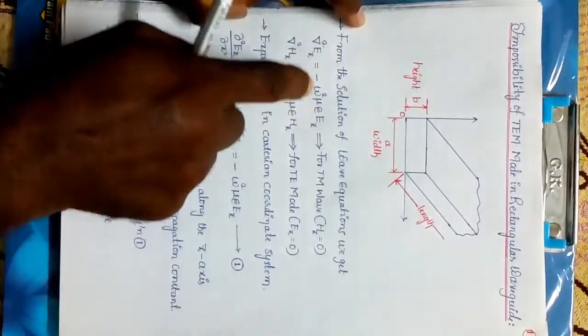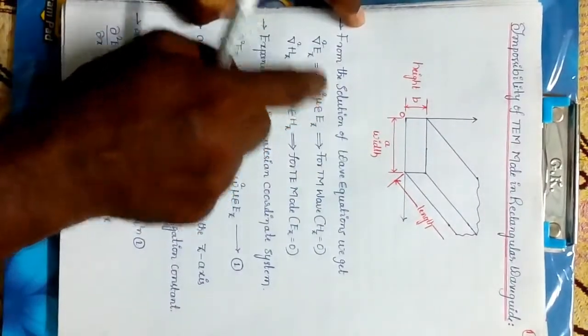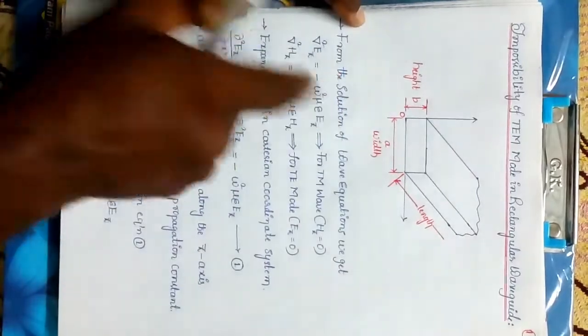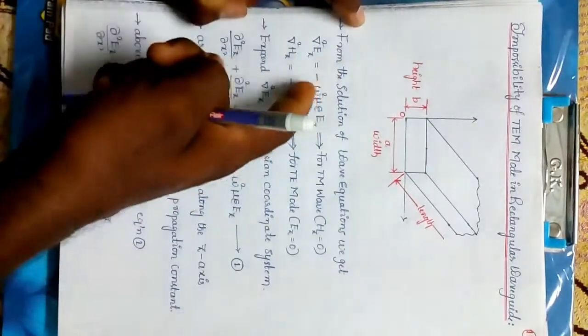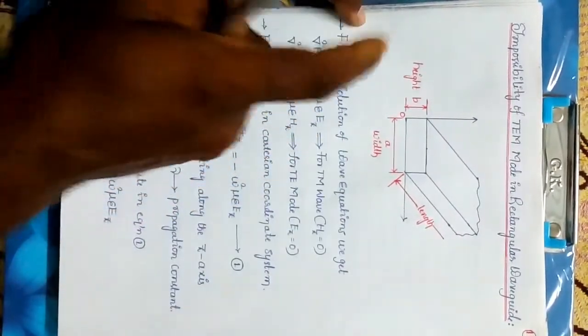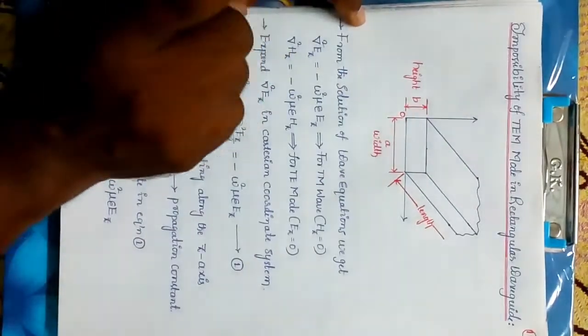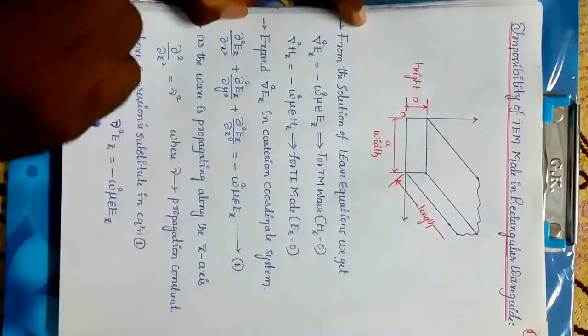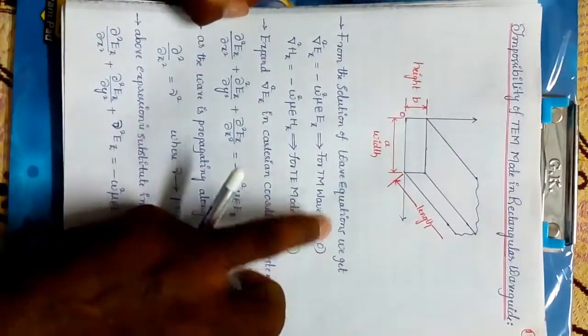Why? Because Hz is not visible here. Always remember, in TM mode the Hz component should be equal to 0. Wherever Ez is present, that wave is known as the TM wave, because Hz is always equal to 0 in the TM wave.